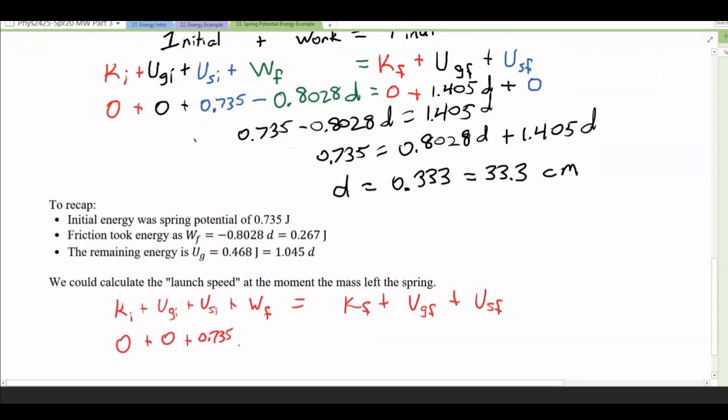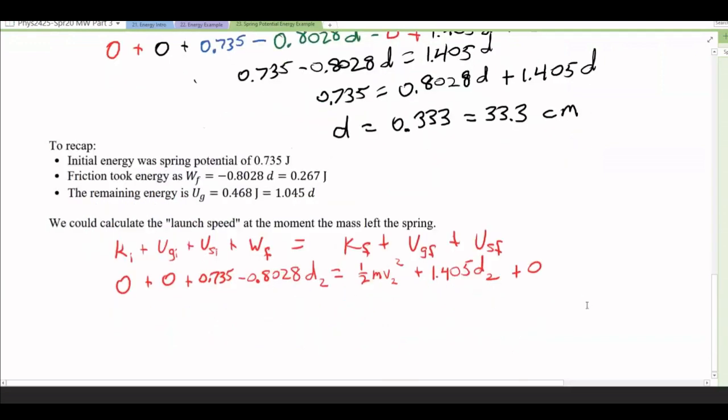And this we could call minus 0.8028 d2 equals 1/2 mv2 squared plus 1.405 d2 plus 0.